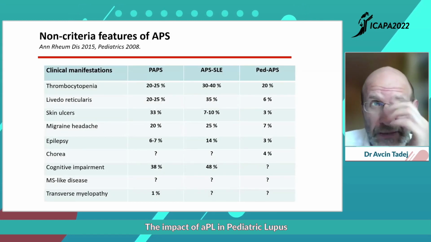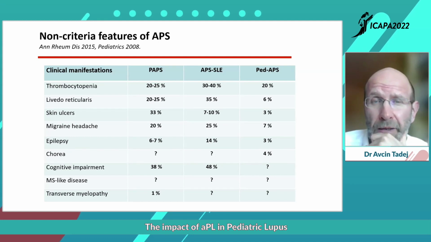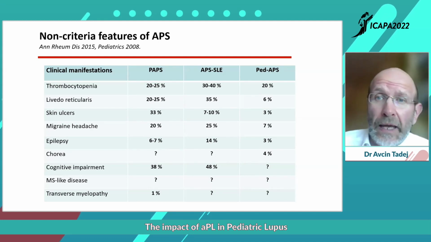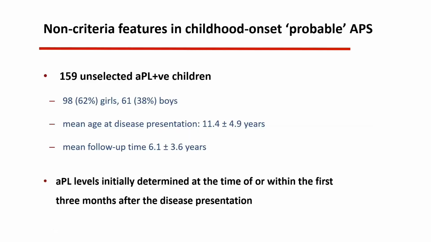On this slide, you can see a summary of non-criteria features of antiphospholipid antibodies, and it tends to appear that these non-criteria features are more common in patients with APS who have association with SLE than in primary APS patients. And some of these features particularly appear to be associated with SLE. So these are hematological manifestations and neurological ones, such as cognitive impairment.